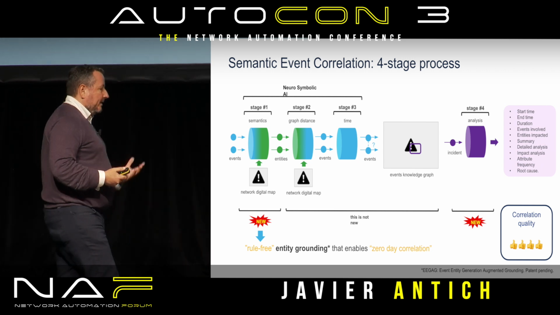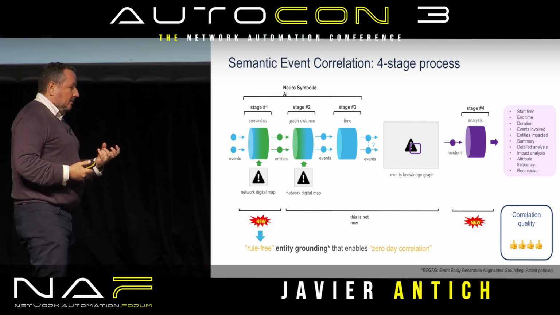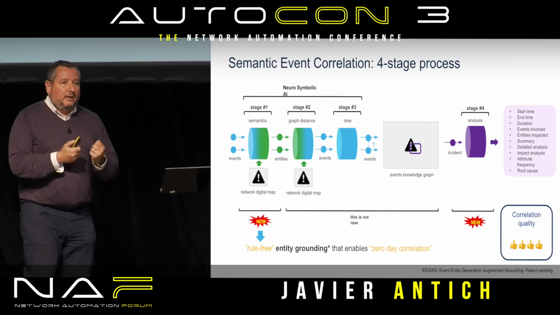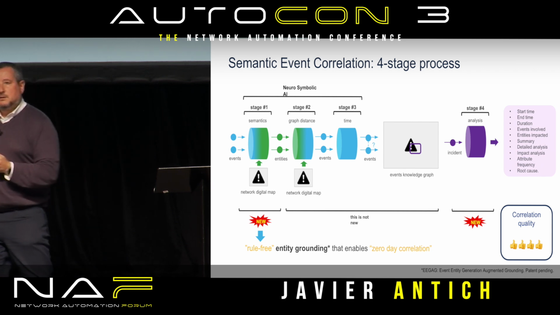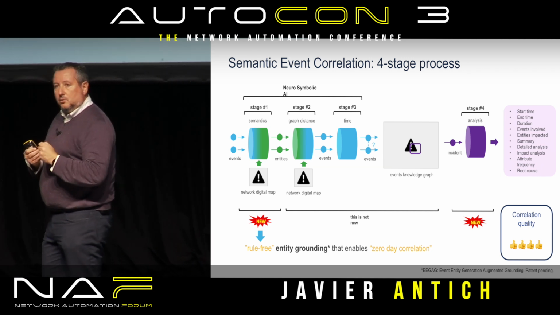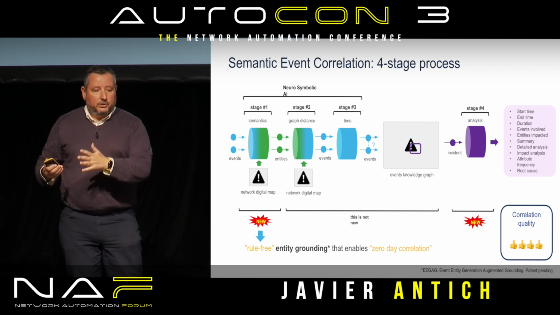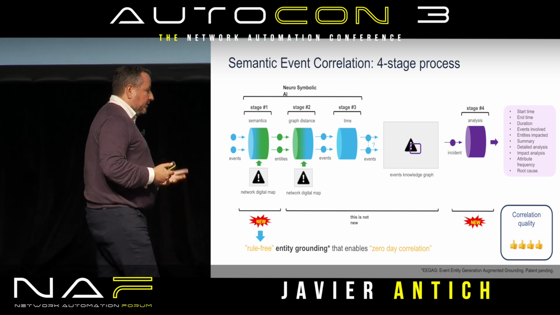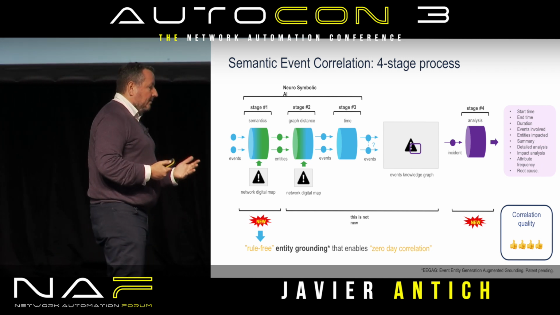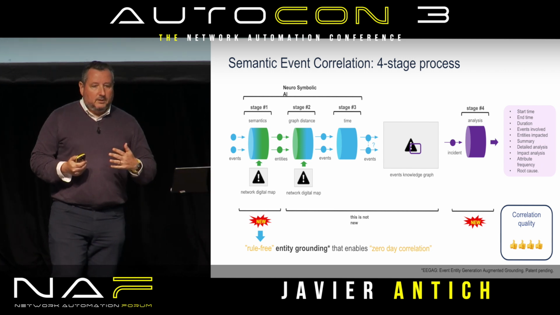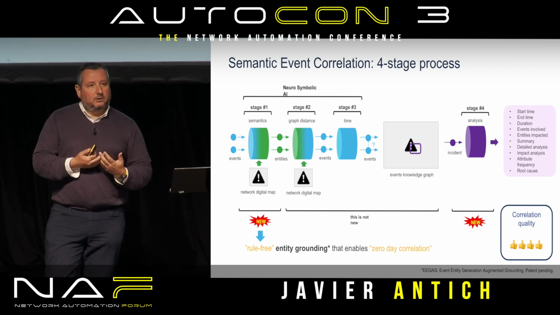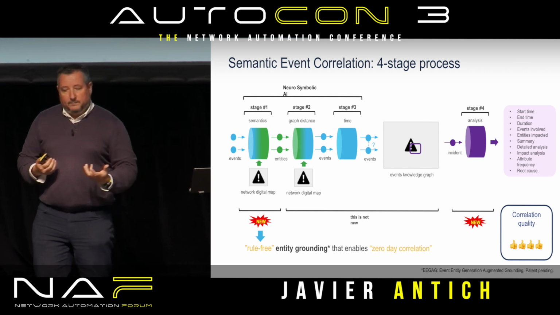It is based on mechanisms that can accomplish a semantic connection between different events without depending on humans creating rules. That is what will result in zero-day event correlation, but at the same time achieve a correlation that is of high quality.